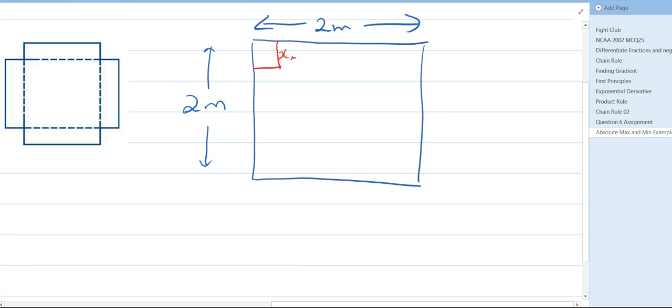Now we don't know x. We just know this is x meters and this is x meters. From here to here is x, and from here to here is x. That's all we know. We're just going to cut off this section here, x by x, and right here it's x, x, x, and x.